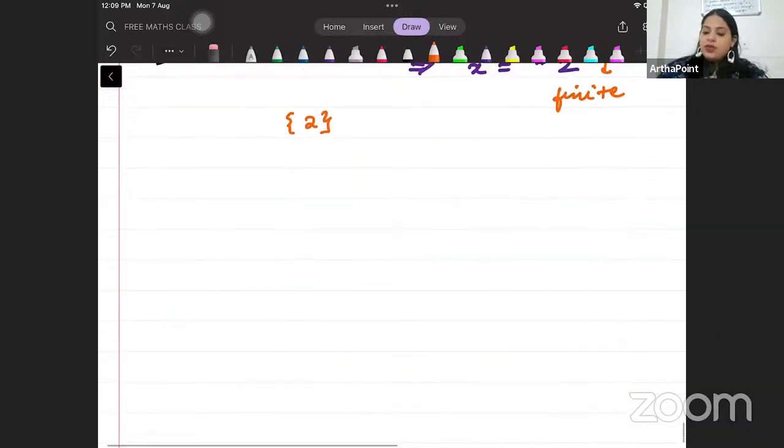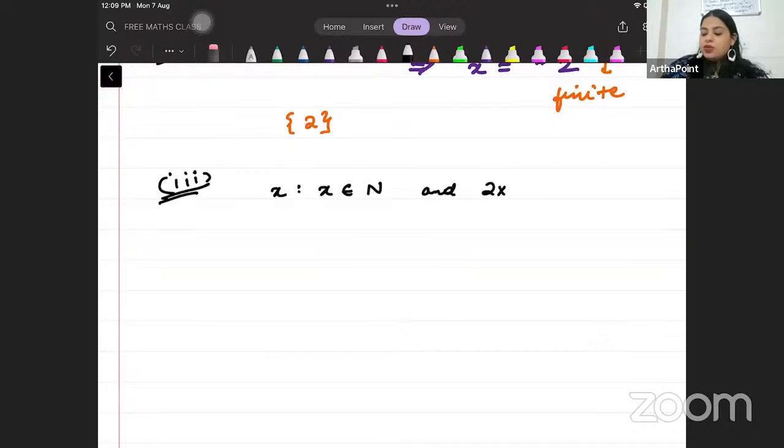Okay. Now come to the third example, beta. So when I say x is such that x belongs to natural numbers and 2x minus 1 is 0. तो बेटा इस केस में क्या होगा? देखो 2x minus 1 is 0. What does this imply? It implies x is half.